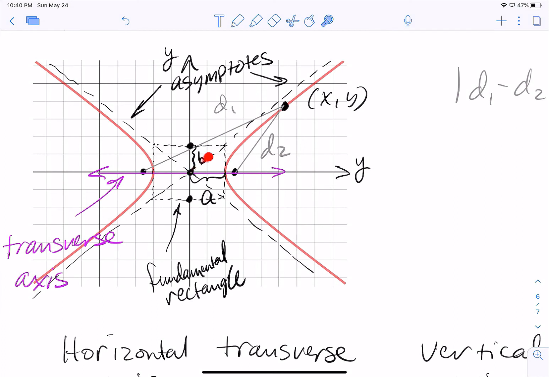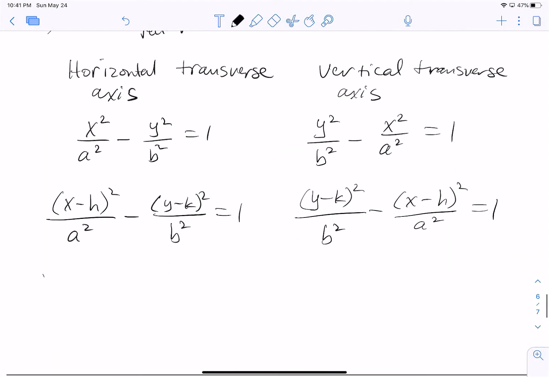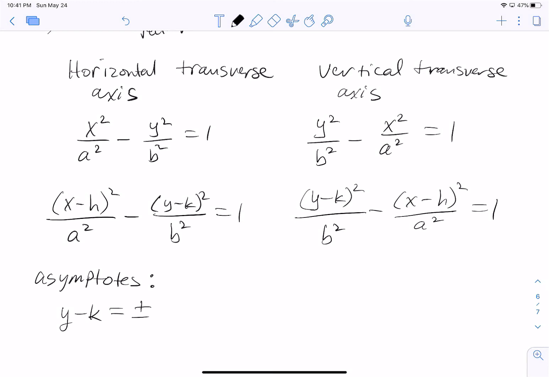And if you think about the slope of the asymptote in terms of rise over run, rise will be associated with b, run will be associated with a. So our asymptotes here are going to have equation y minus k is equal to plus or minus b over a times the quantity x minus h.